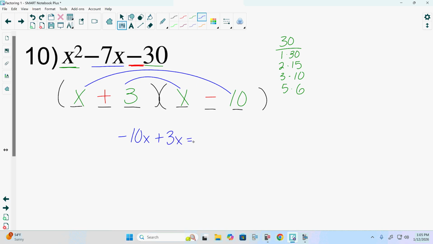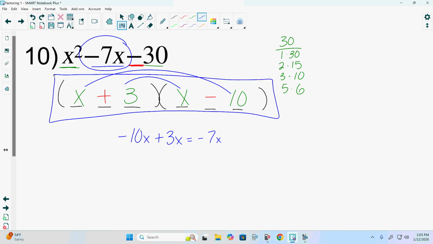Negative 10x plus 3x, negative 10 plus 3 is negative 7x. Is that the middle term we wanted? So, x plus 3 times x minus 10, or x minus 10 times x plus 3 are the correct factors. That's it.